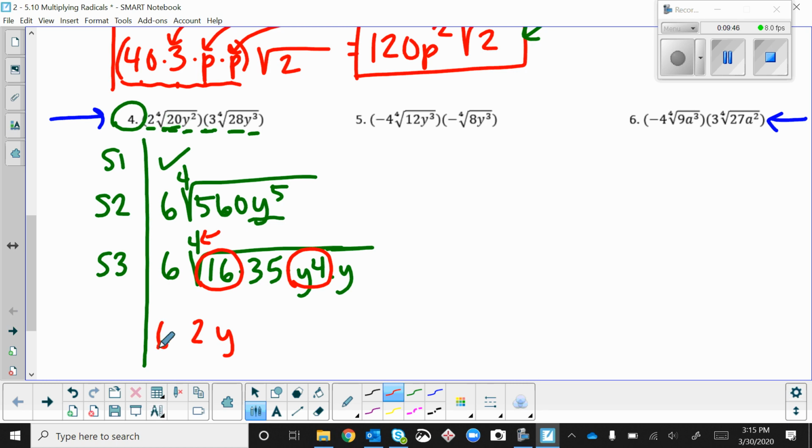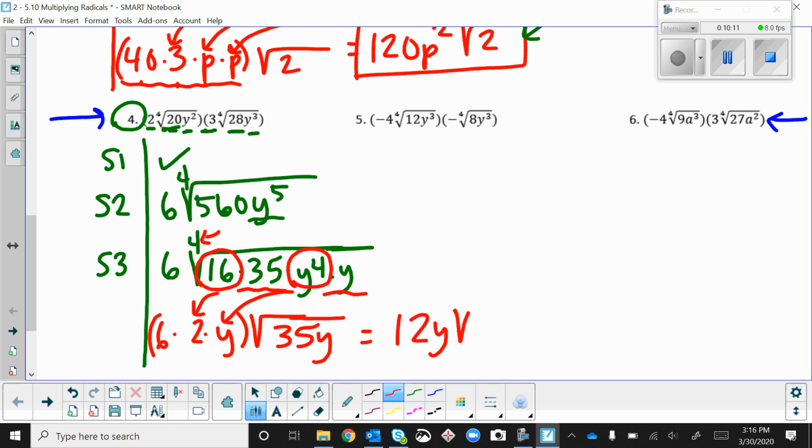So 6 times 2 times y. And then times the square root of whatever's left inside, which was 35y. And then that's going to give you 12y times the root of 35y.